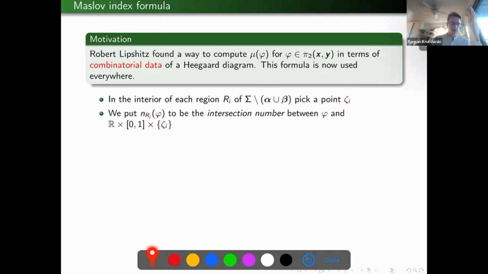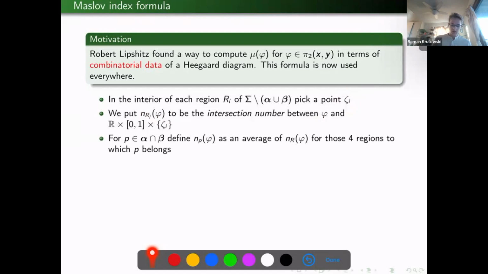Then we call the coefficient of class phi at region R_i the intersection number between class phi and the strip over zeta_i. The claim is that this number really doesn't depend on this choice. Then for a point p which belongs to the intersection of alpha and beta curves, let's say here we have p, and here we have regions R1, R2, R3, and R4, we define the coefficient of phi at point p as the average of these numbers.